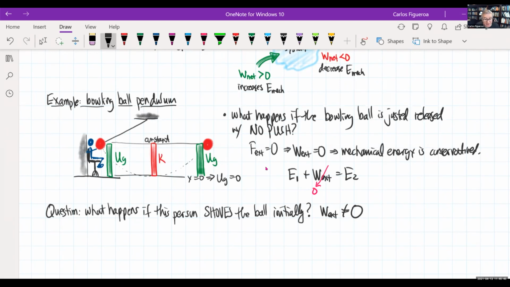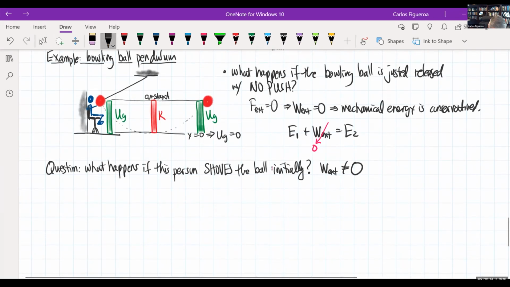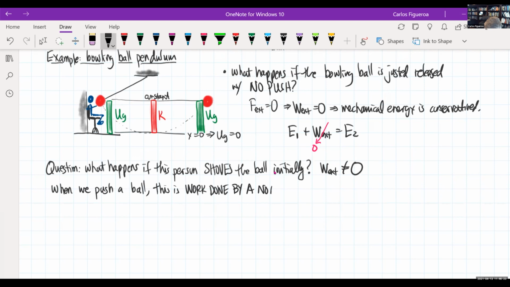Now, I'm going to get technical here. You've got to be really, really careful how you write this in the future in any quiz or exam, because when we push a ball, this is work done by a non-conservative force.